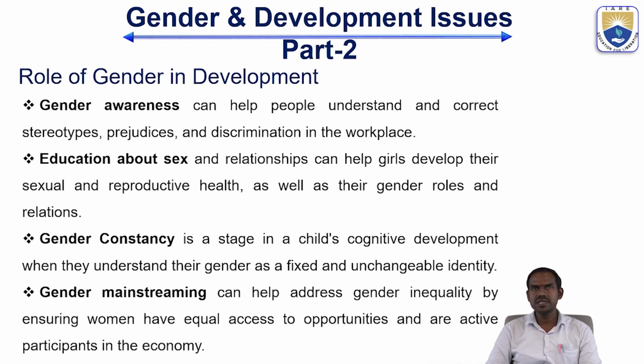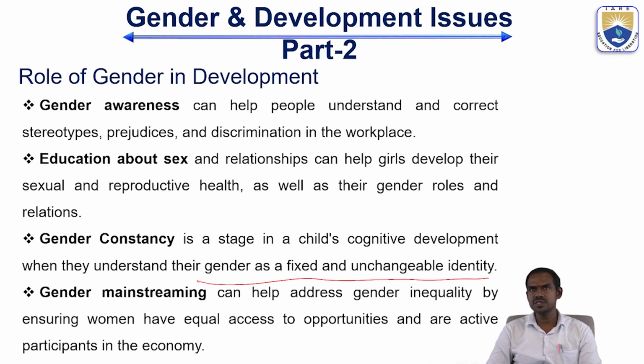And the fourth way that I have shown is gender constancy. It is a stage in a child's cognitive development when they understand their gender as a fixed and unchangeable identity. Gender is a fixed and unchangeable identity. So don't look to change the gender.